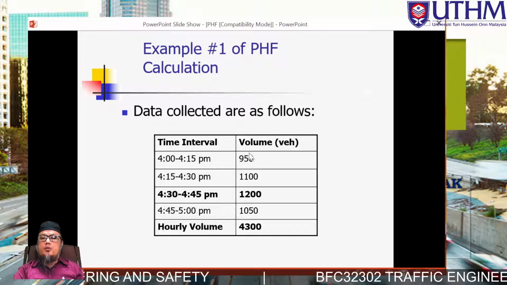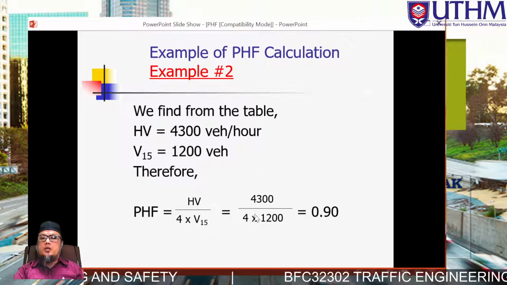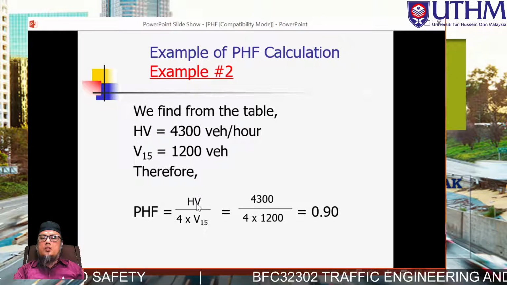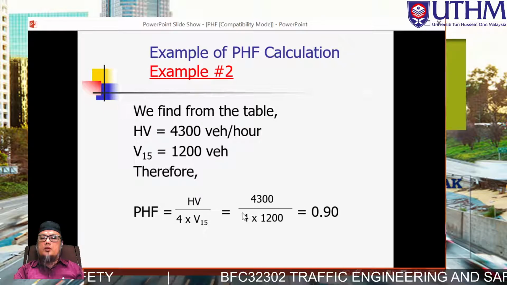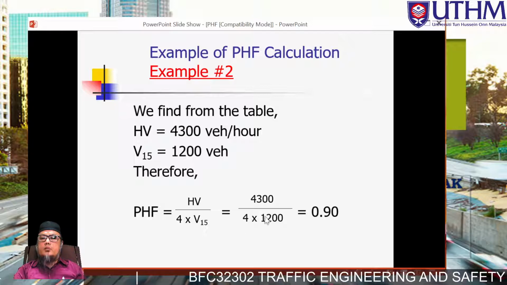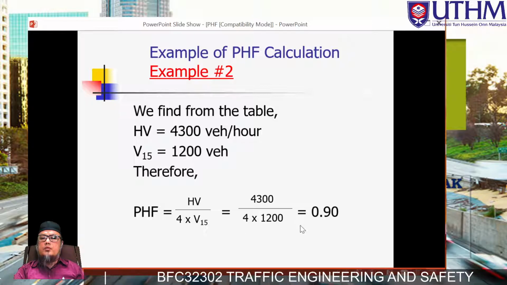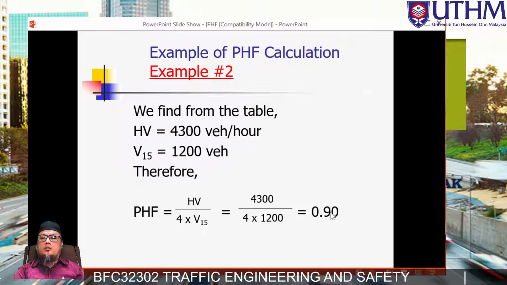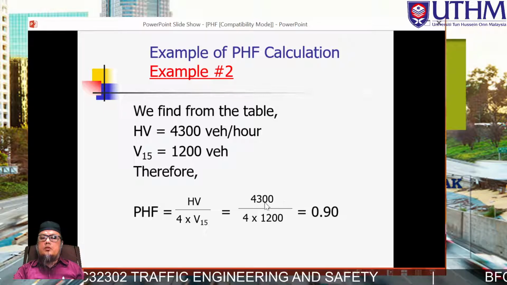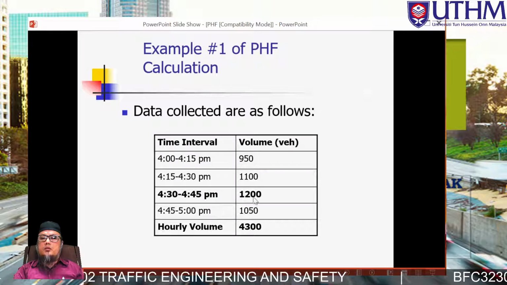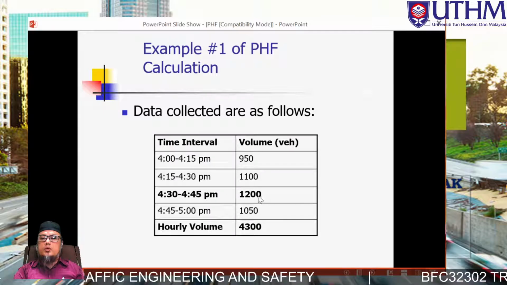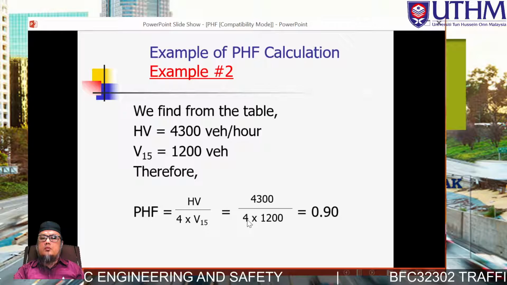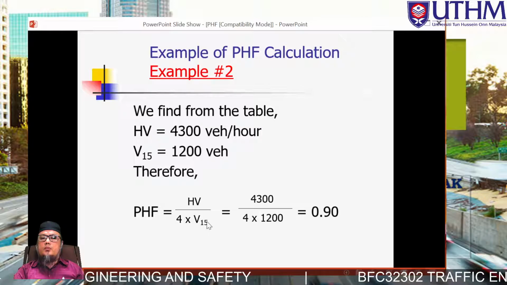To calculate PHF, simply we key in total volume 4200 divided by 4 multiplied by 1200, so we obtain 0.90. We select the highest one to put for the V15 maximum.